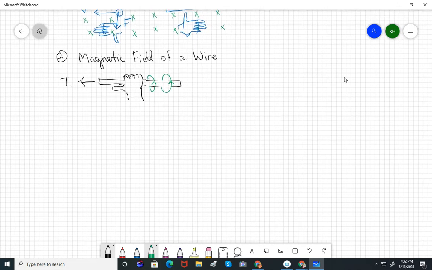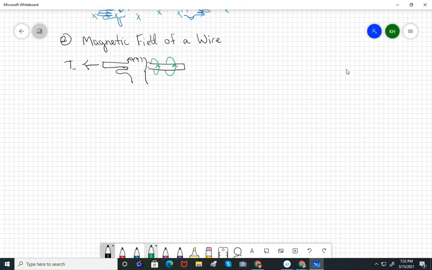There is a third one that's going to be very important towards this lesson for Lenz's law. The third one deals with the magnetic field of a loop. And it's kind of an extension of that number 2 one.